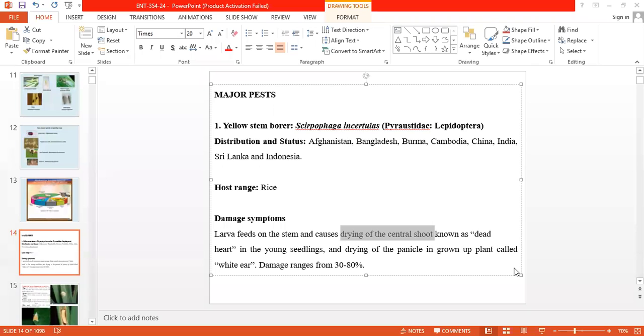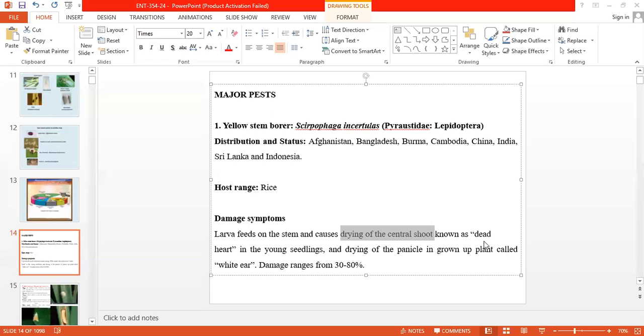Yes sir. In the yellow stem borer, mainly two types of symptoms are found due to the infestation of the larva. First is the dead heart symptom, and the second is the white ear symptom.